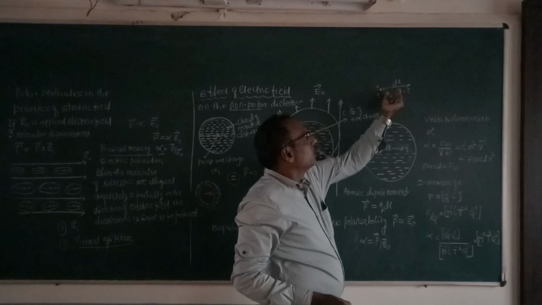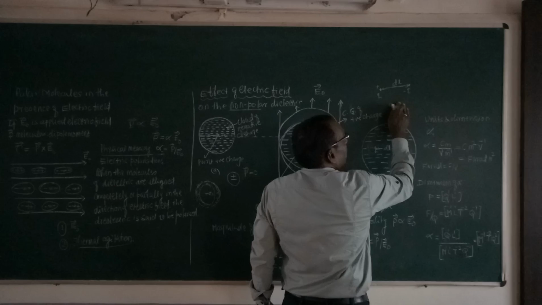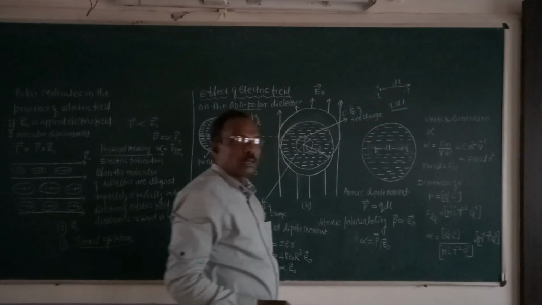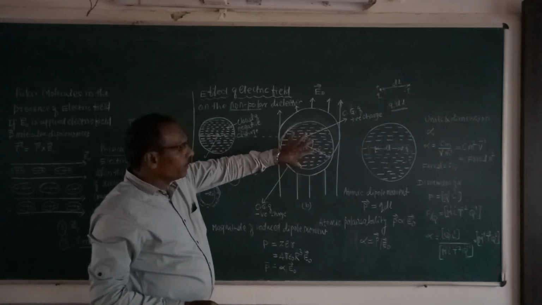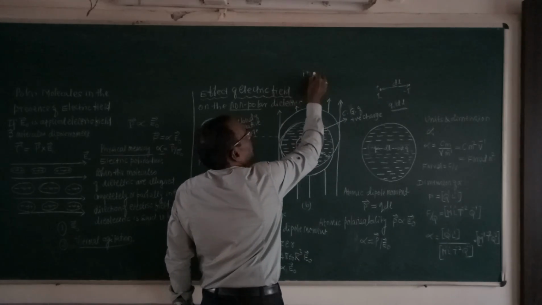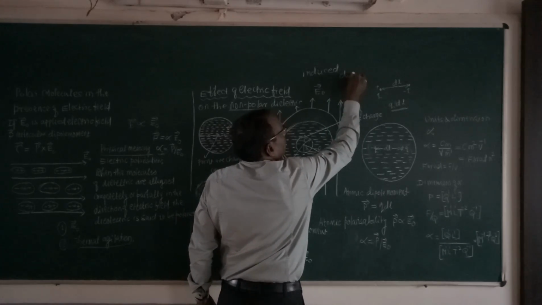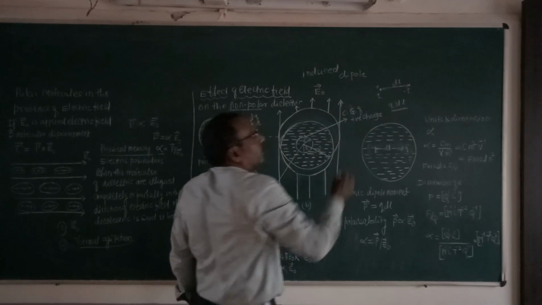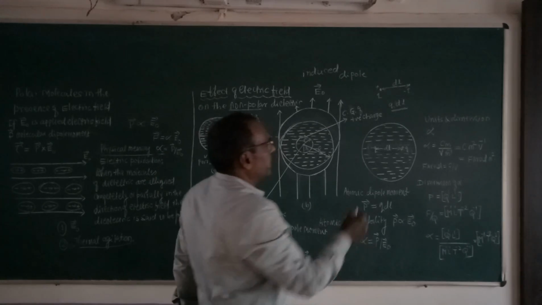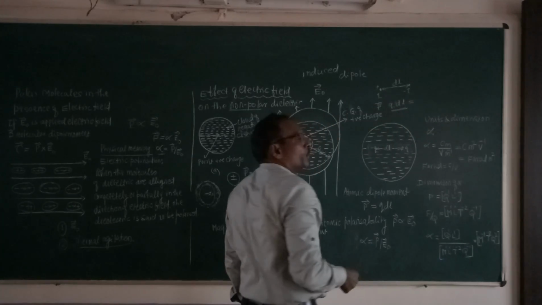Now, the product of the charge q into dl creates the dipole, and that dipole is known as an induced dipole. And the moment called the dipole moment is the induced dipole moment. q dl is the dipole moment called the induced dipole moment.